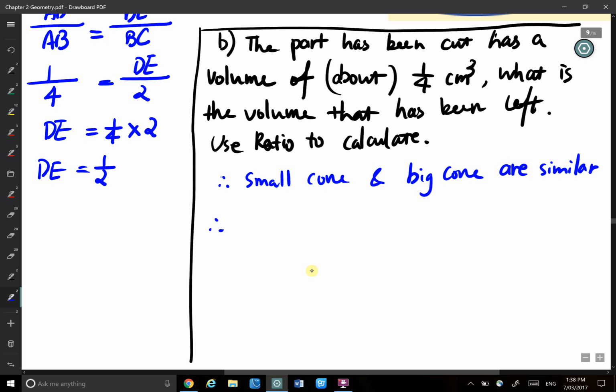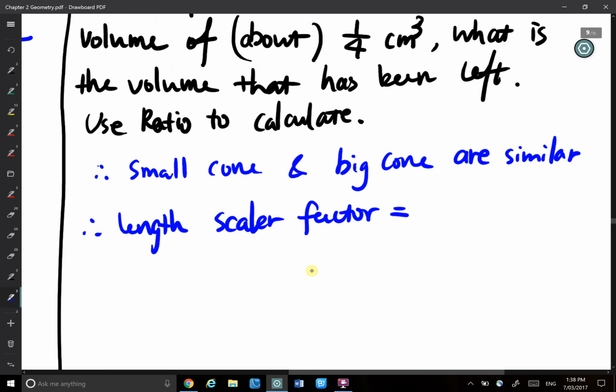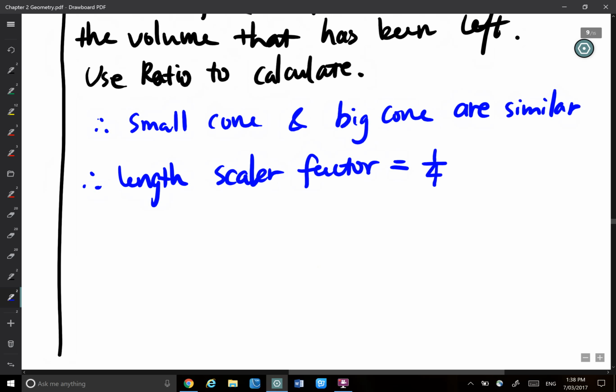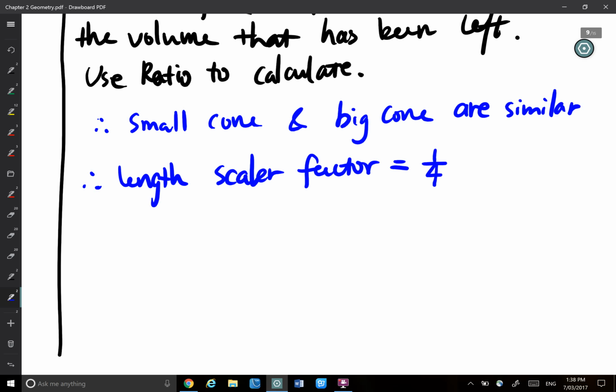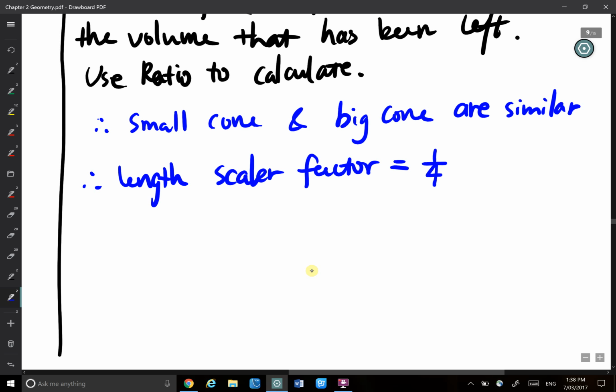So the length scale factor will equal 1/4, the small height over the big height. The one I have cut is 1 and the big one is 4. So the length scale factor is 1/4.